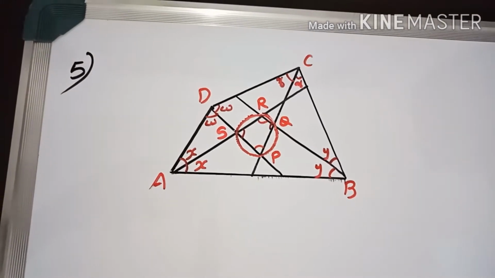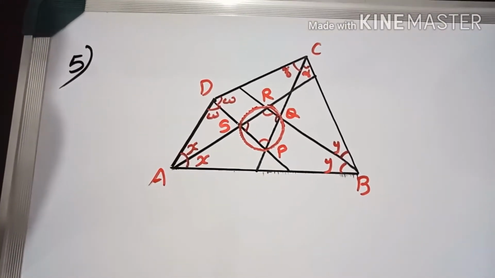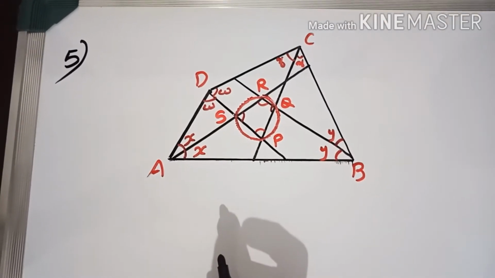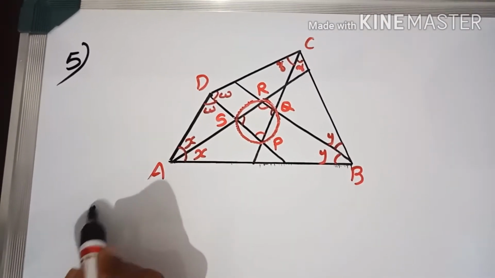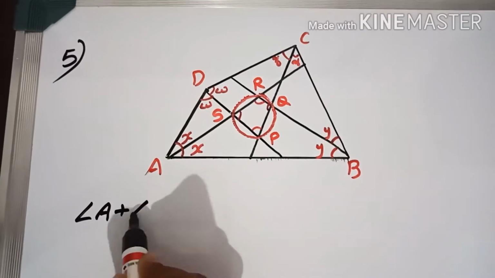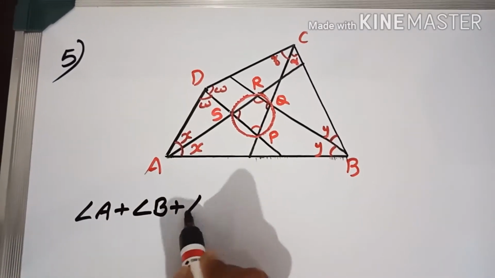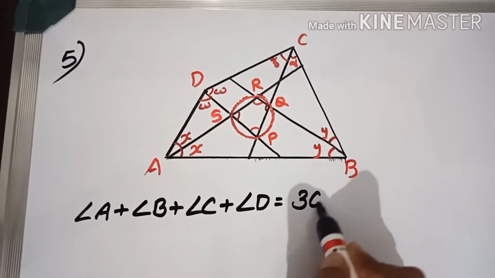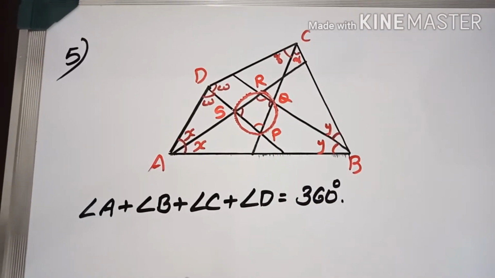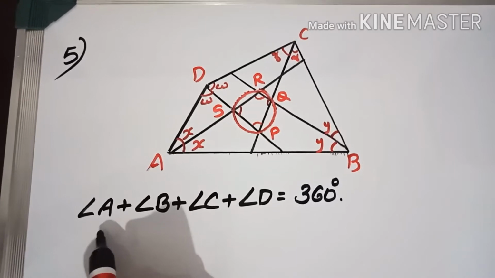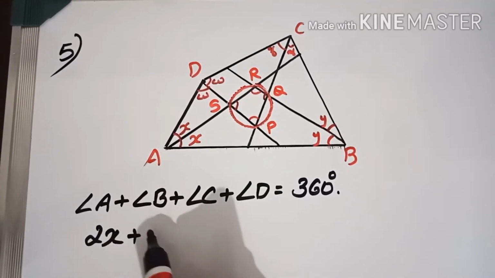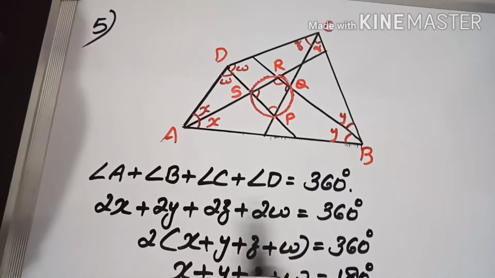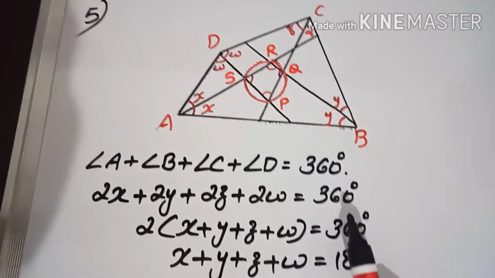Now we know the sum of angles of a quadrilateral is 360 degrees. That means angle A plus angle B plus angle C plus angle D equals 360 degrees. Angle A is 2x, so 2x plus 2y plus 2z plus 2w equals 360 degrees.